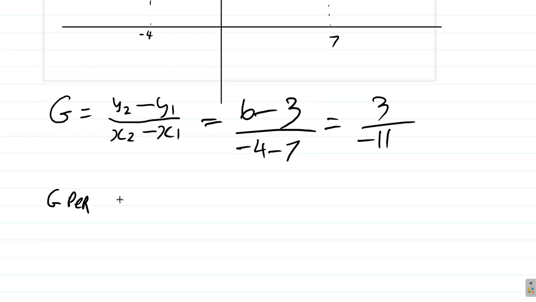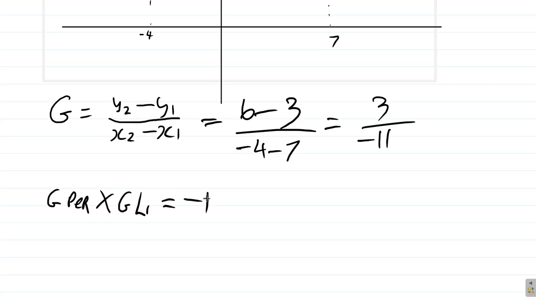of the perpendicular. Now you remember what happens with the relationship between the gradients of two lines when they are perpendicular. Well, the gradient of one times the gradient of the other, call it line 1, is equal to -1.